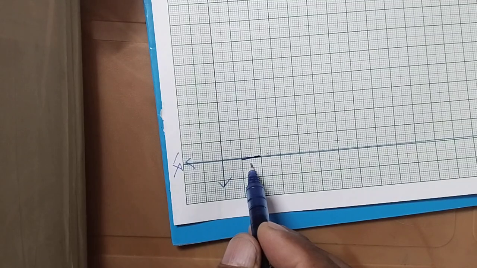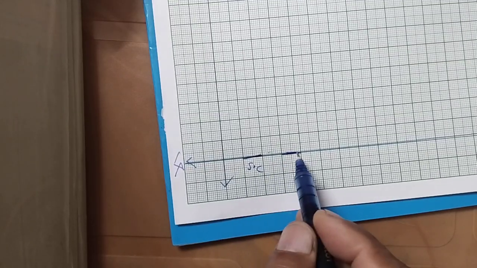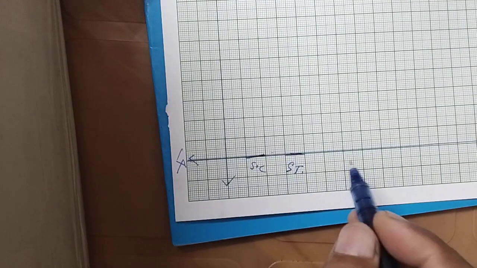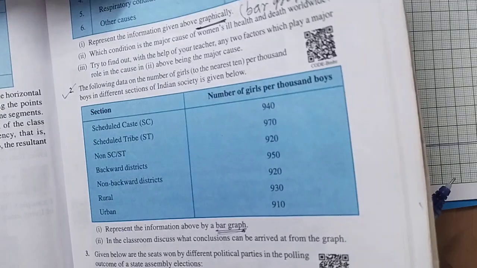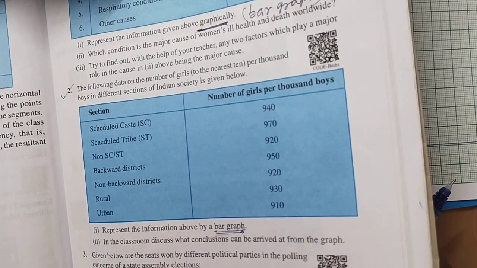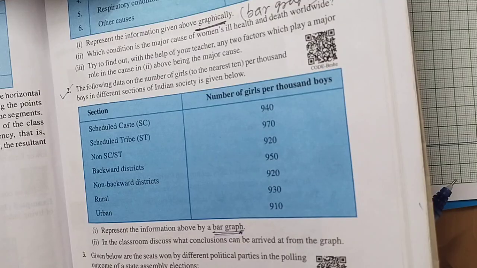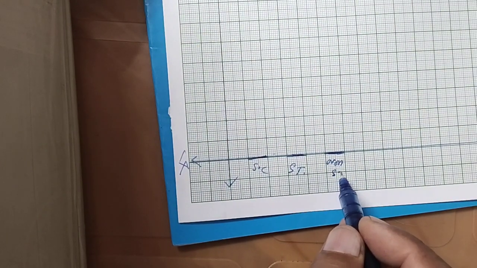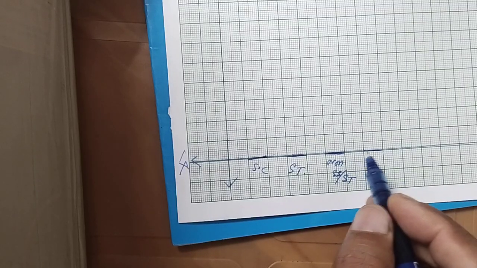So the first group is SC, then empty, and the next group is ST people. Then empty, and the next group is non-SC, ST, other people.